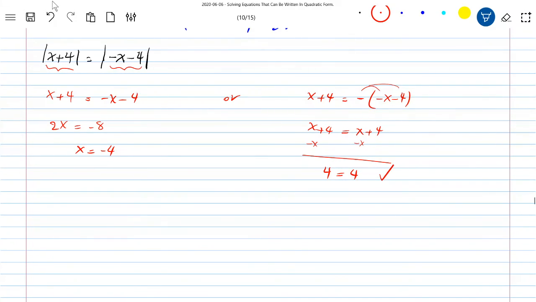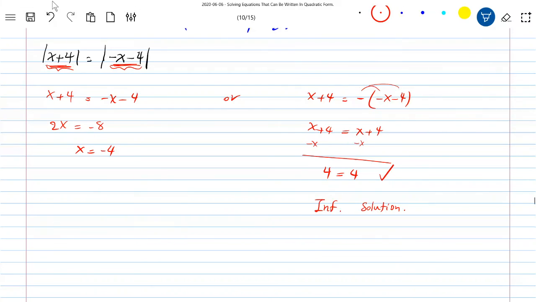So what can I say? If you remember, we had this case: if you always have a true statement, you have infinite solutions. You don't need to find out exactly what the solutions are. You can say there are infinite solutions. Sometimes they ask you what those solutions are. So how do you find it? You see these two expressions, x plus 4 and negative x minus 4.